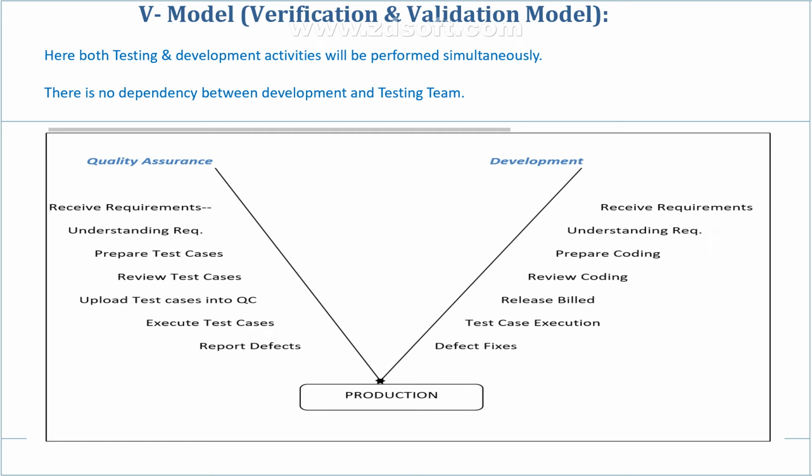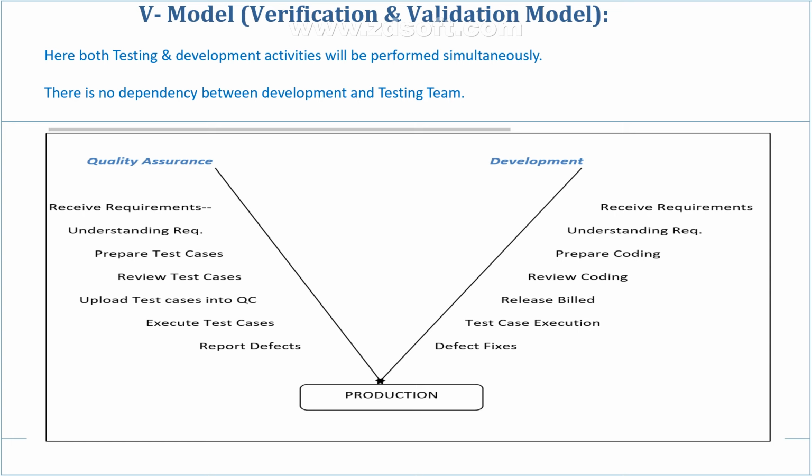The QA team will upload the test cases into Quality Center. Testers will execute the test cases and report the defects to the developers. If there are any defects, they will be reported to the developers.